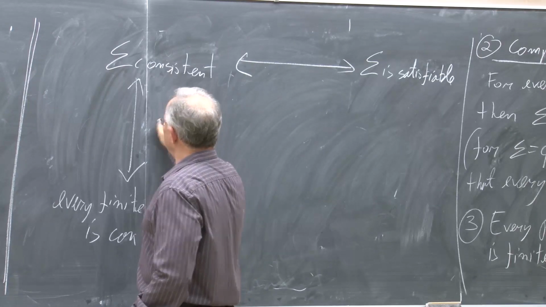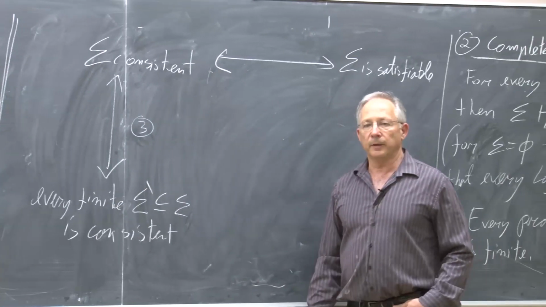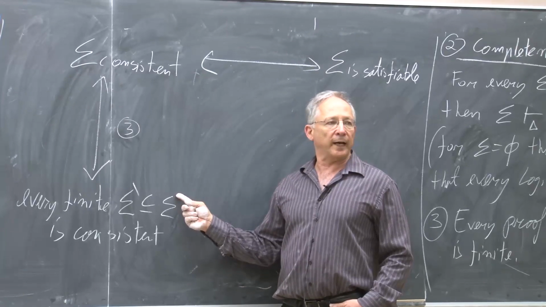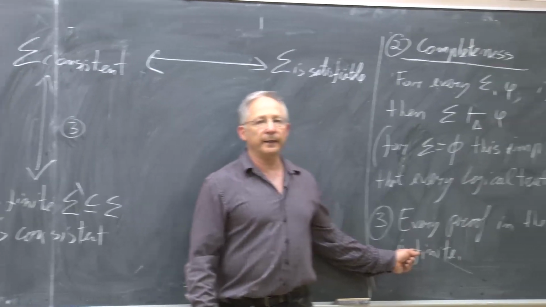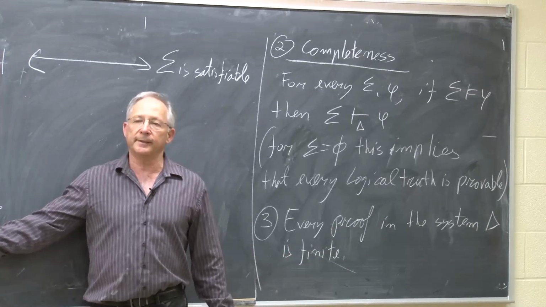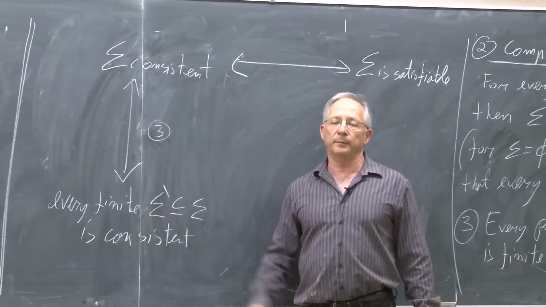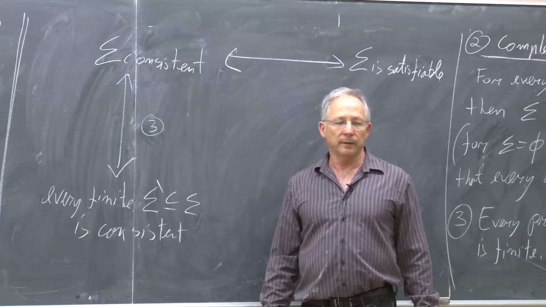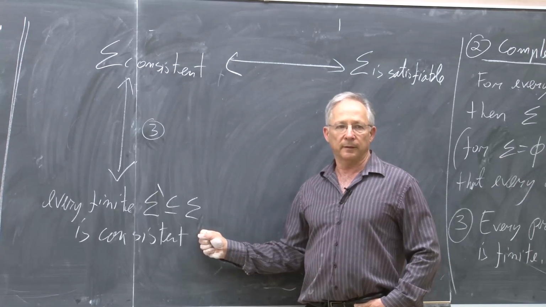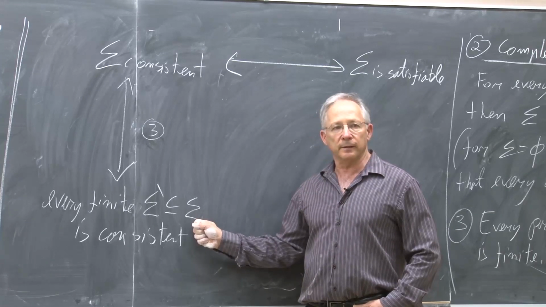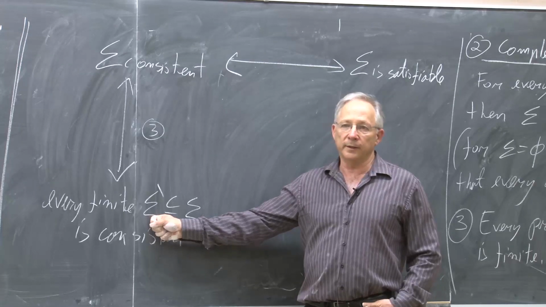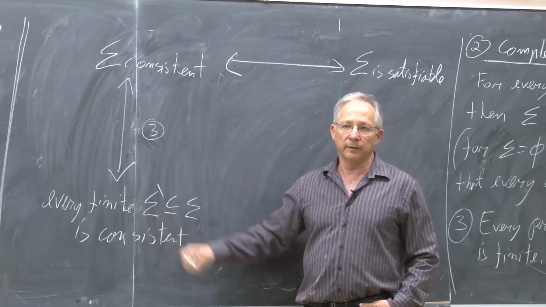And this is due to property 3. Because if sigma is inconsistent, then there is a proof of alpha and not alpha. This proof is finite. So I can collect all the assumptions of the proof into a finite sigma prime, and sigma prime will already be inconsistent. For this part, all I use is the fact that every proof is finite. It's an argument that we already saw in propositional logic.